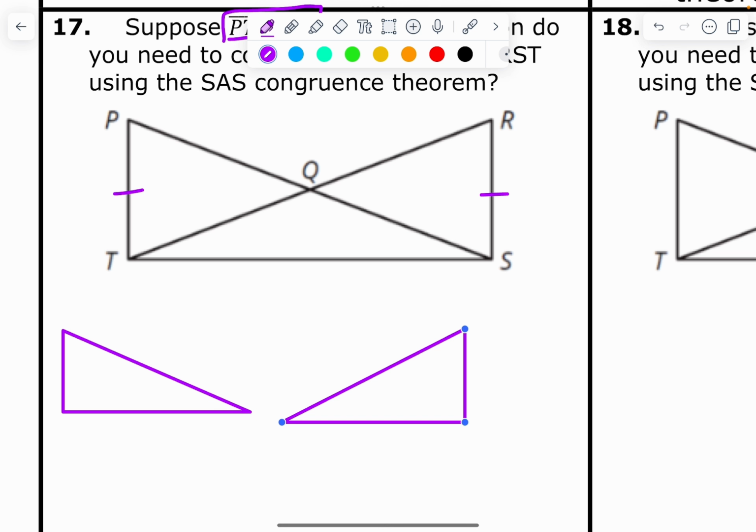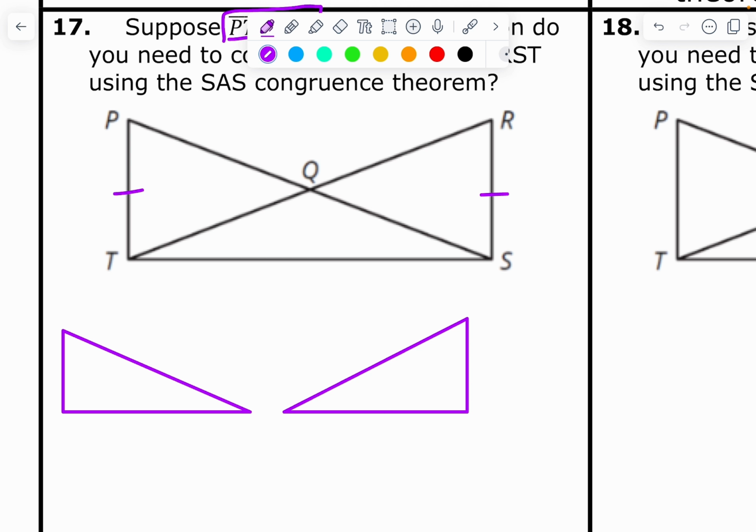All right, so let's just say this is RST and this is PTS. We already know these are congruent because we just marked them. We know these are congruent because it's literally the same side by the reflexive property. So we got two sides that are marked congruent.